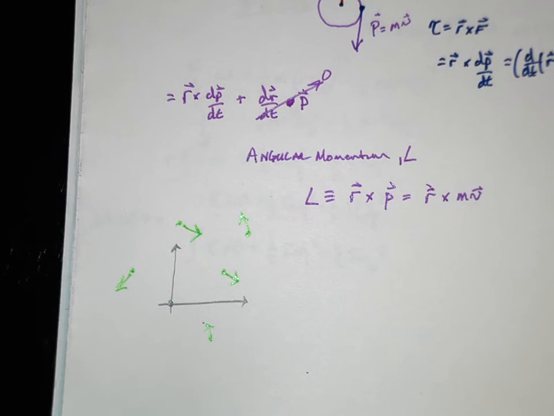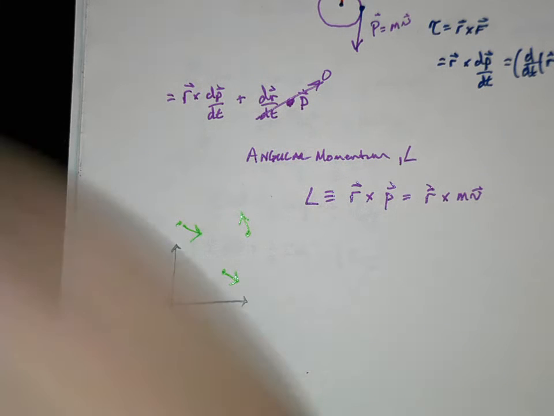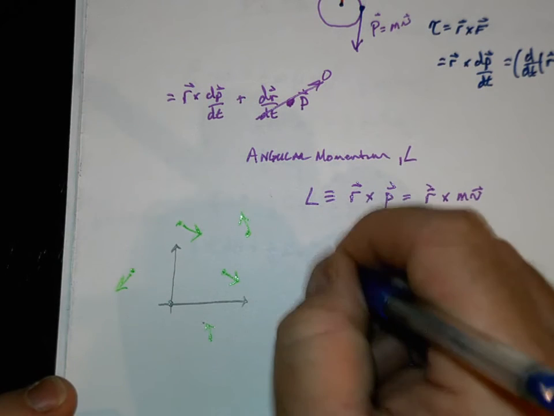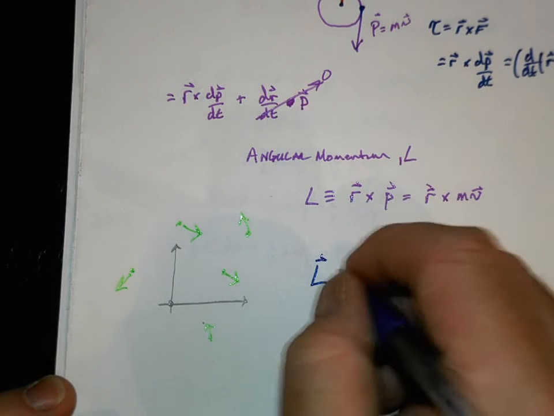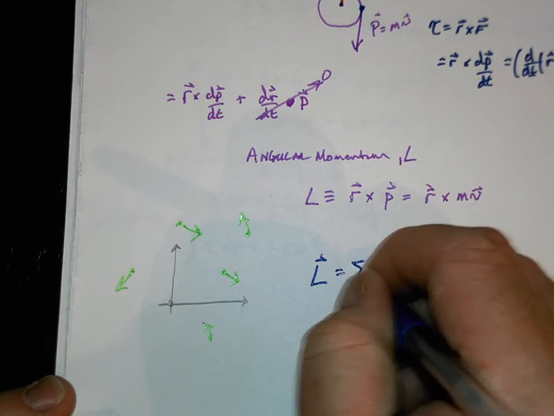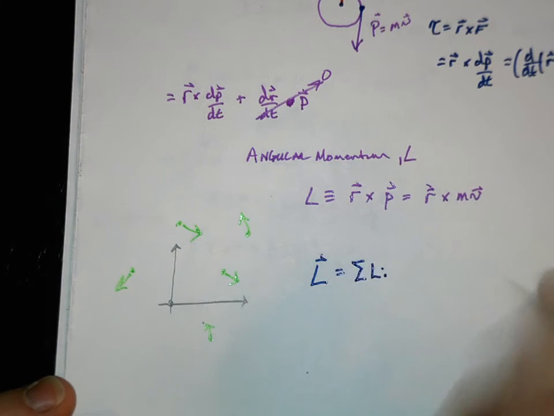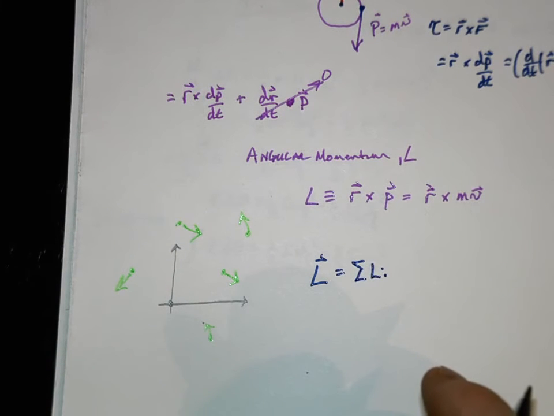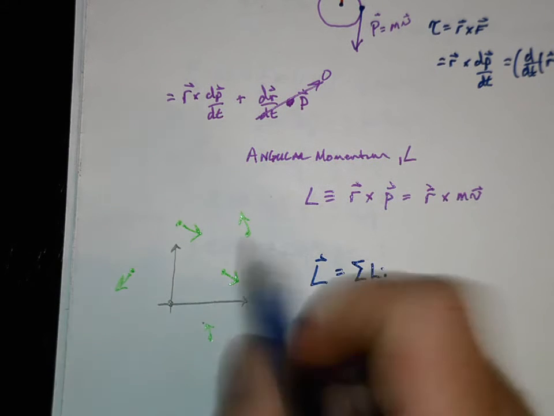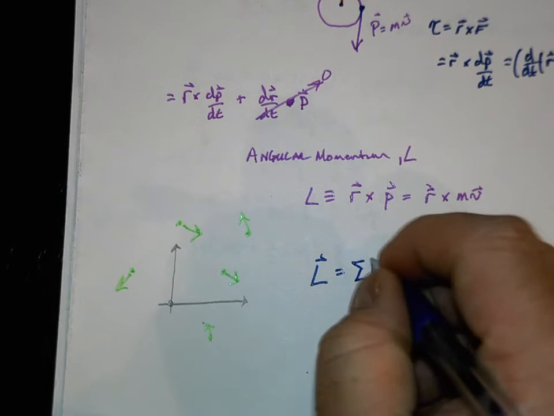And all of these, if we added them all together, then our total angular momentum, L, is going to be equal to the sum of the angular momenta of each one of these little dudes.